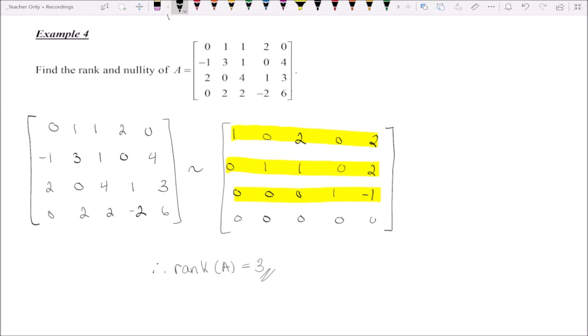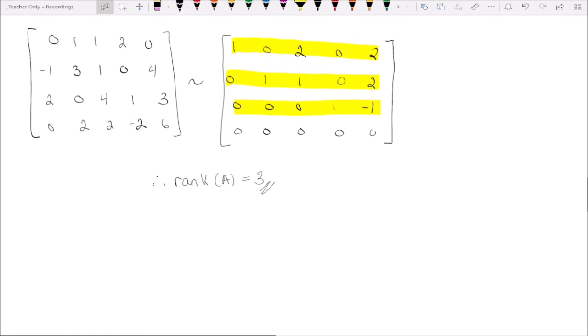Now, to find the nullity, let's first find a basis for the null space. And we're still looking at this row-reduced form. Right? If we write that out, we get x1 is negative 2x3 minus 2x5. x2 we get as negative x3 minus 2x5.